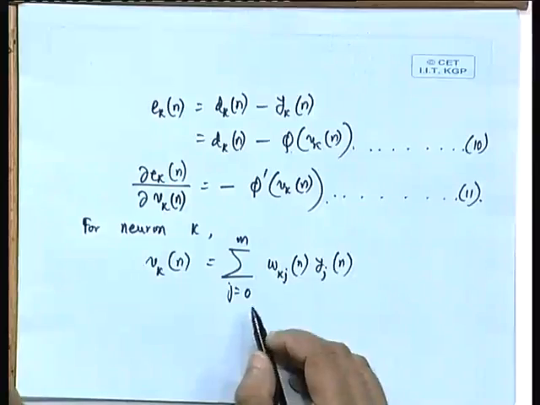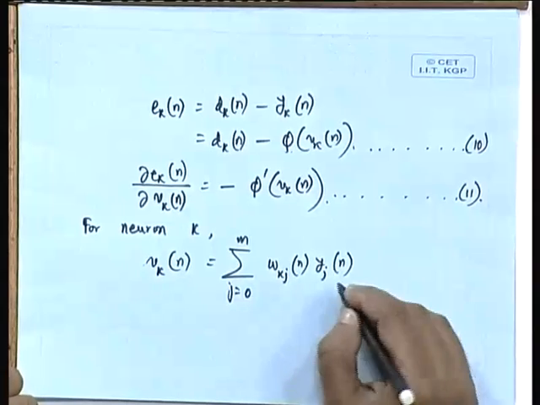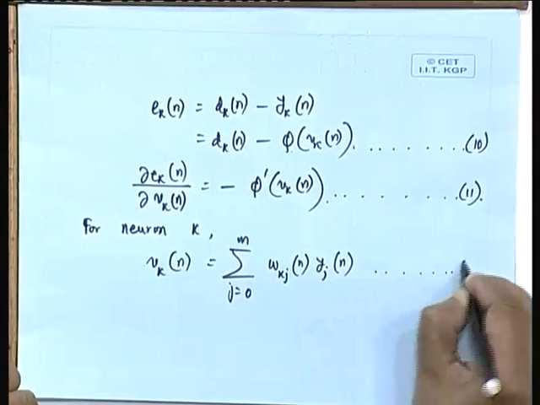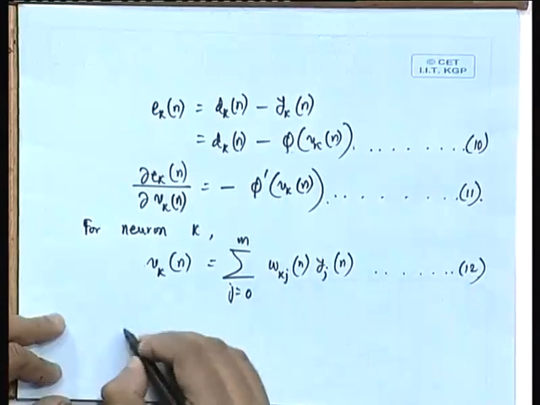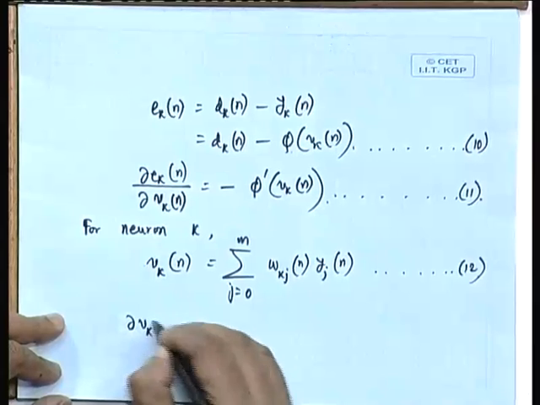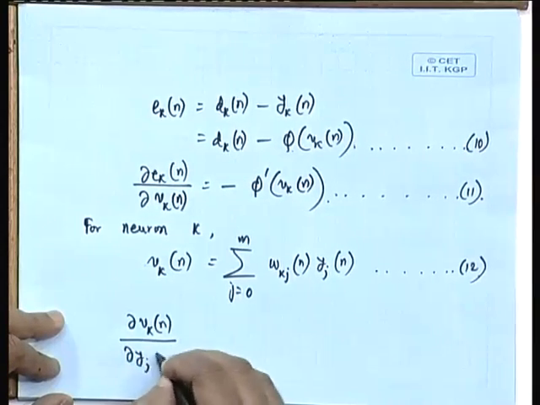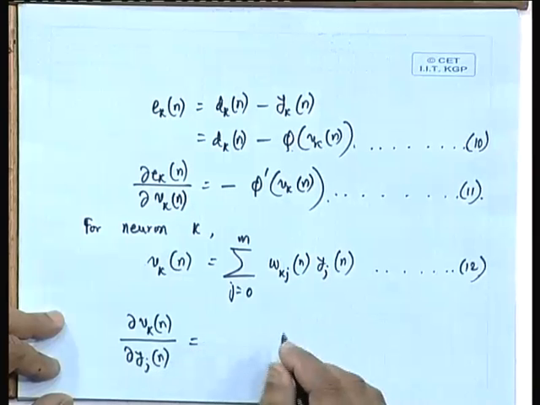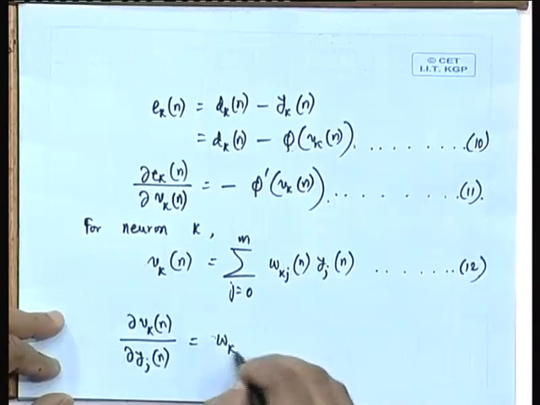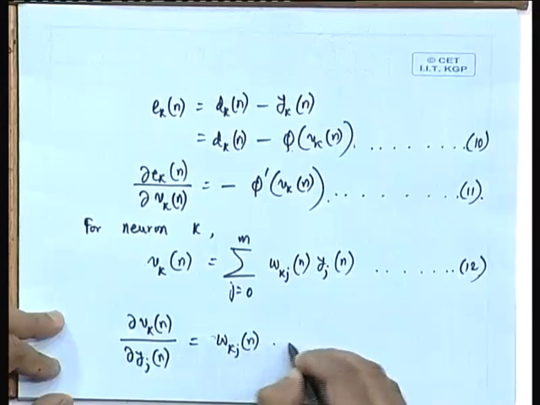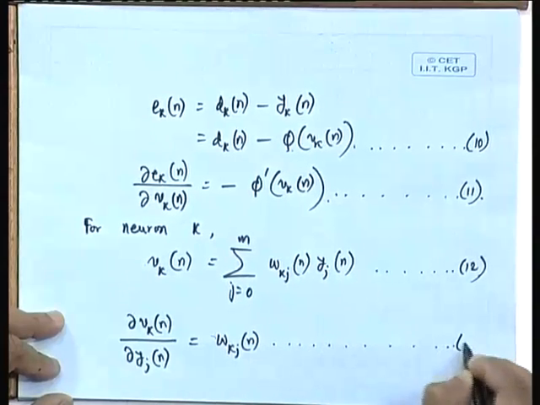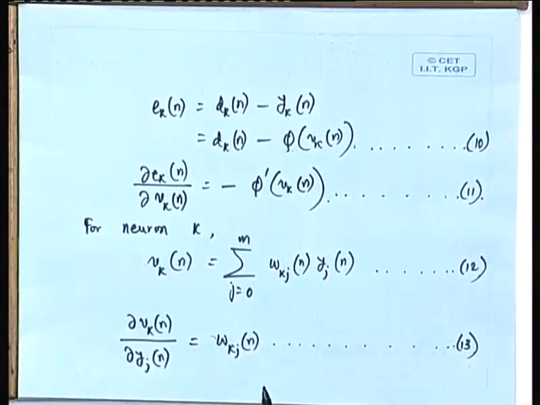So, Vkn is equal to the summation of this, which should be our equation number 12. From this it is easy to calculate dou Vk dou Yjn, and that is equal to Wkj of n. Very good. So, this is our equation number 13, right.